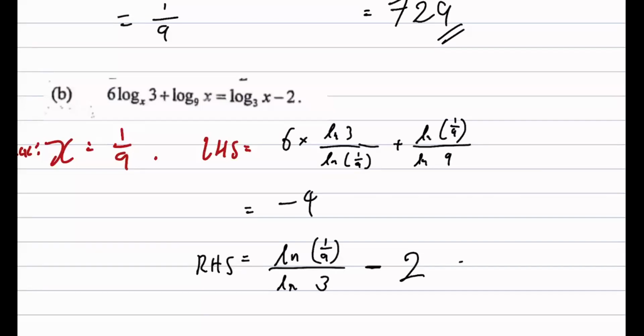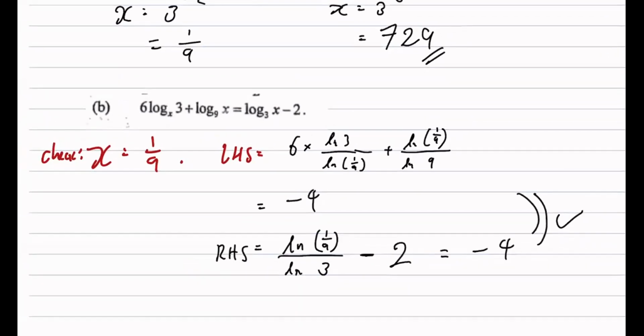Got negative 4 here. I also got a negative 4. Do you trust my answer? Yes. So x equals 1 over 9 definitely works. Let's also do the same check for the other solution, x equals 729.